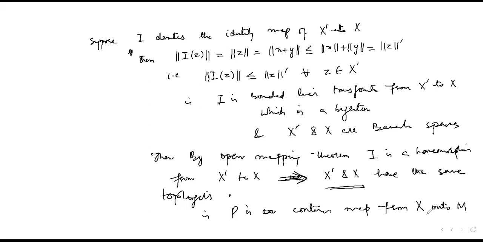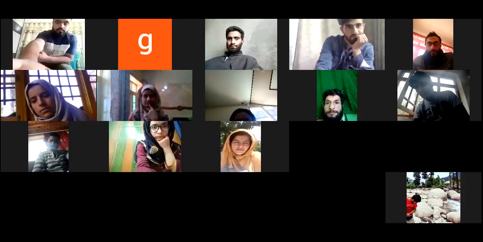Therefore it can be thought of as a continuous map from x onto M. तो मैं इसको थोड़ा 1 मिनट रह गया है, मैं इसको बंद करता हूँ, तुम फिर से ज्वाइन करो ताकि मैं इसको फिर से थोड़ा सा एक्सप्लेन करूँ यहाँ पे.